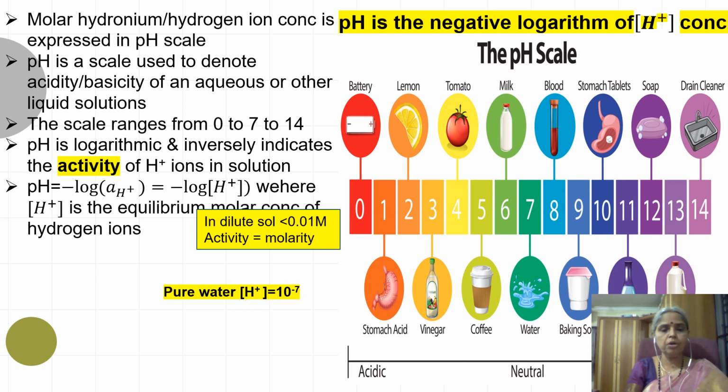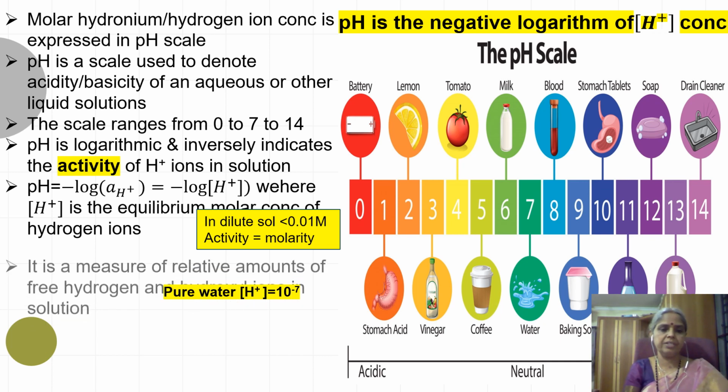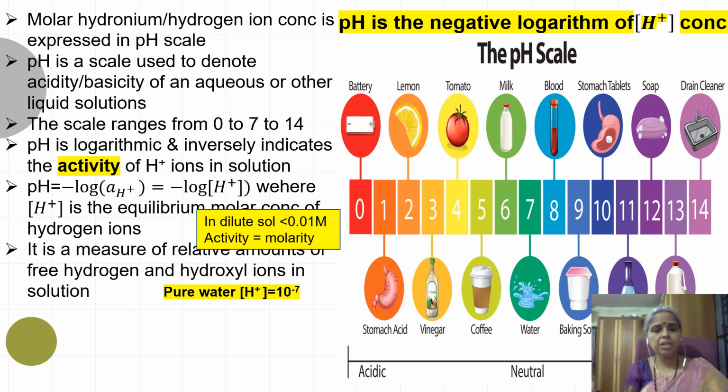pH is equal to minus log activity of hydrogen ion, which is equal to minus log molarity of hydrogen ion concentration, where H plus in square brackets is the equilibrium molar concentration of hydrogen ions. It is a measure of relative amounts of free hydrogen or hydronium, both mean the same, and hydroxyl ions in solution.